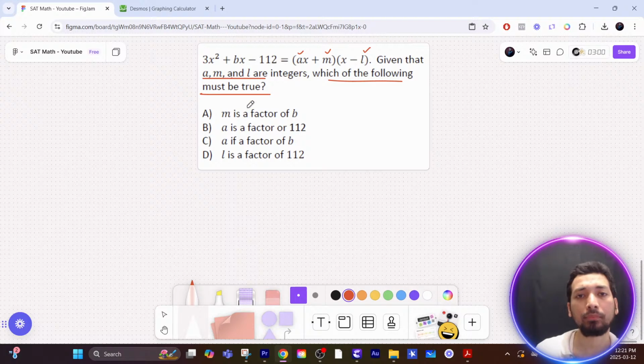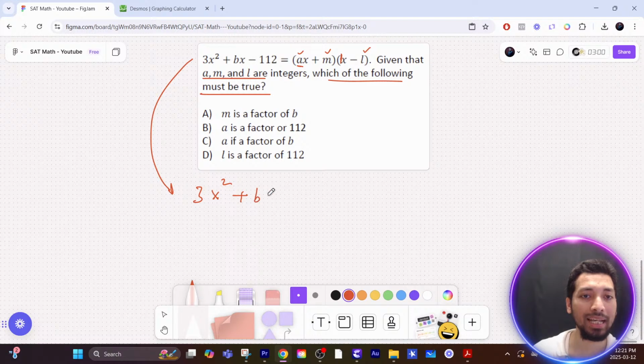If you see here, this x has a coefficient of 1, so definitely I know that a is going to be 3. If you just expand it, we have 3x squared plus bx minus 112.